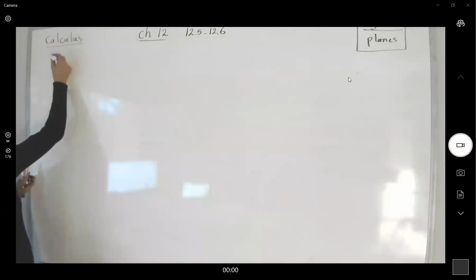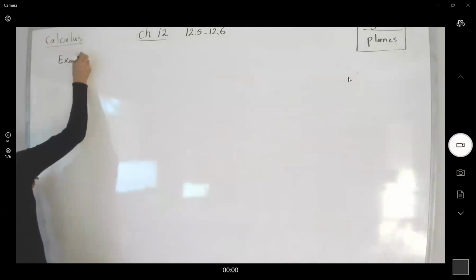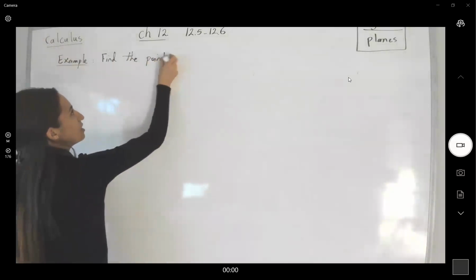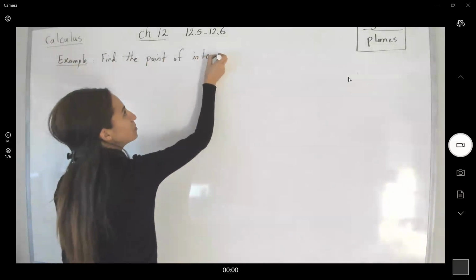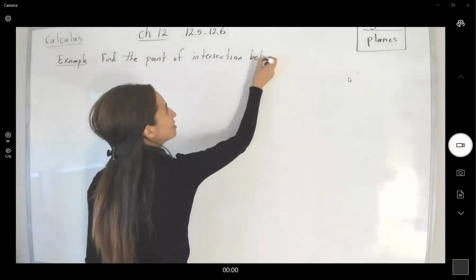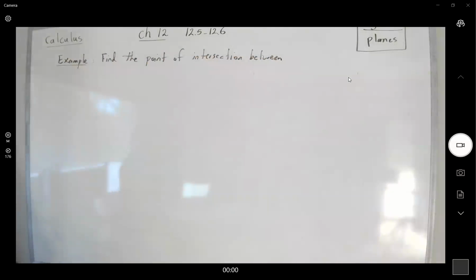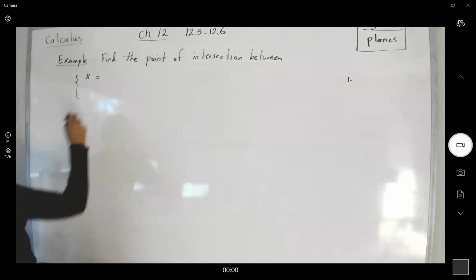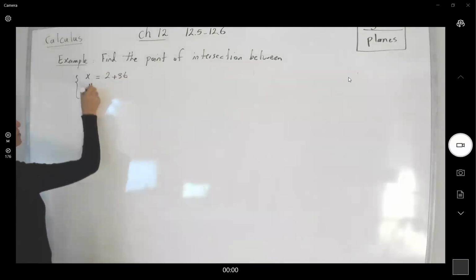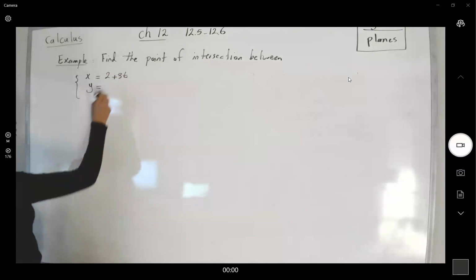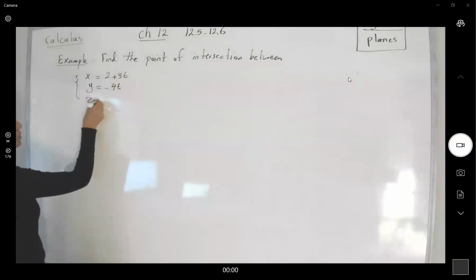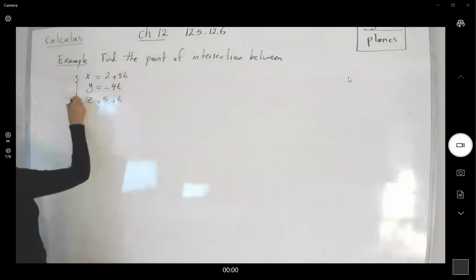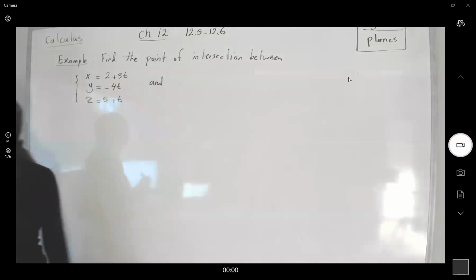Question. Find the point of intersection between the line, which is given to us as x equals 2 plus 3t, y equals negative 4, and z equals, well, we have 5 plus t, and the plane.